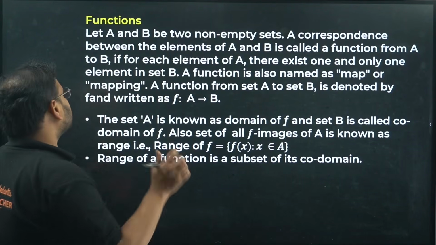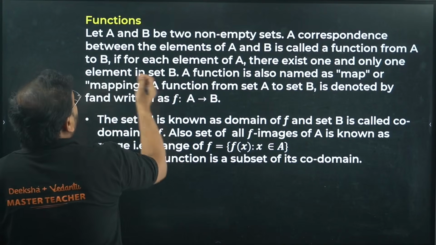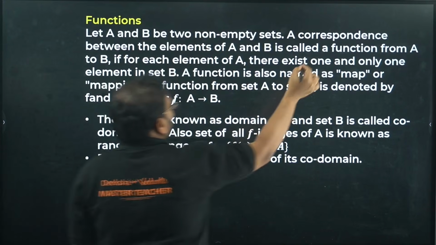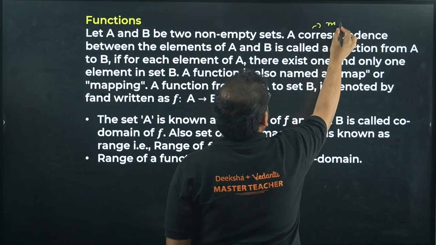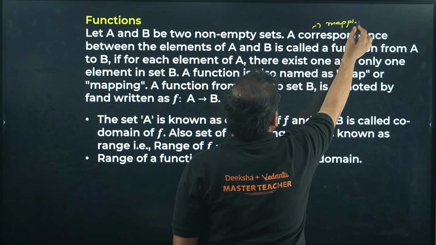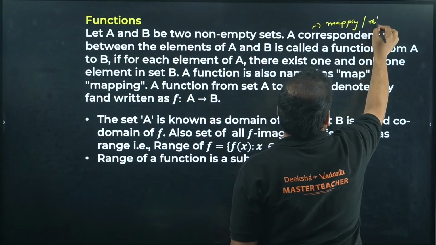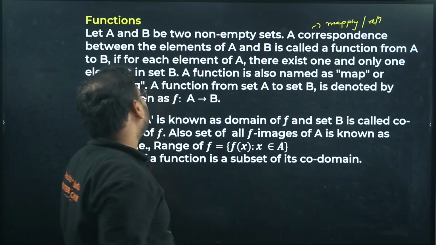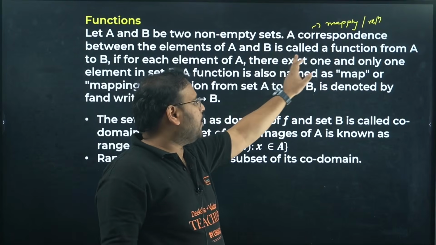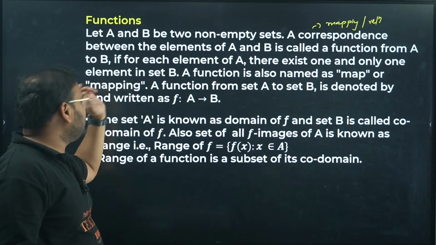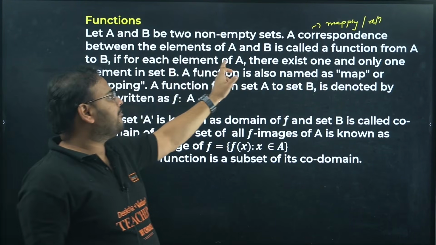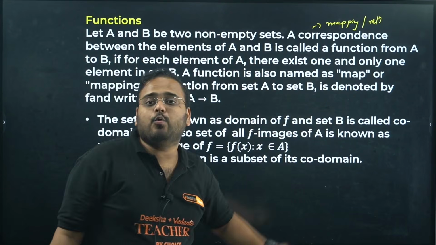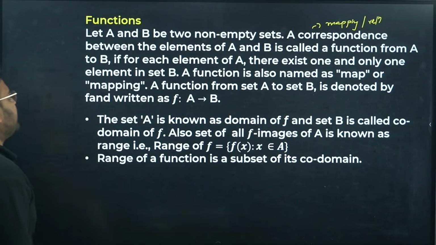A correspondence, or mapping, or relation between the elements of A and B is called a function from A to B if for each element of A there exists one and only one element in the set B.